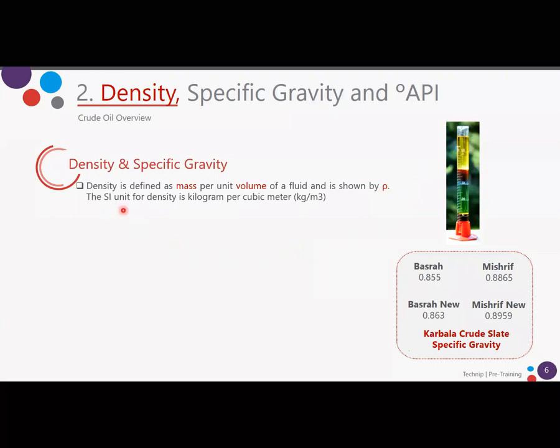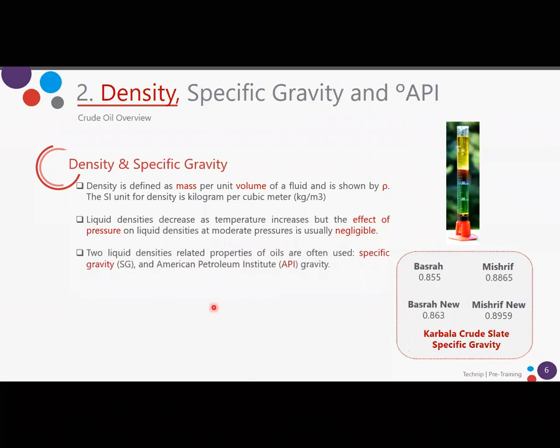The SI unit for density is kilograms per cubic meter. Liquid density decreases as temperature increases, but the effect of pressure on liquid density at moderate pressure is usually negligible. So it's not like in gases.